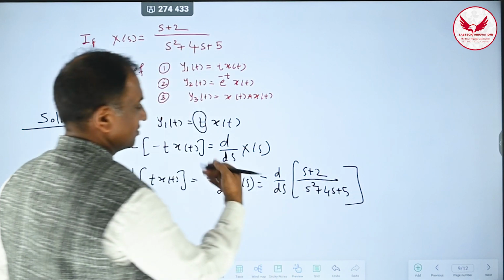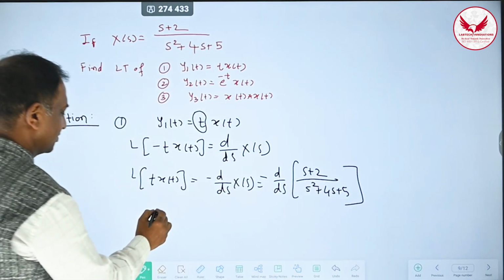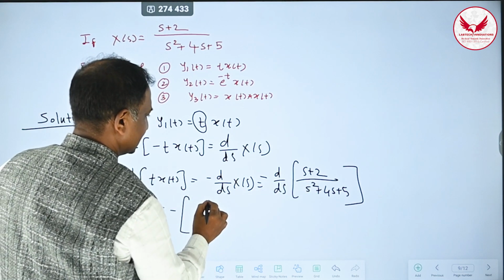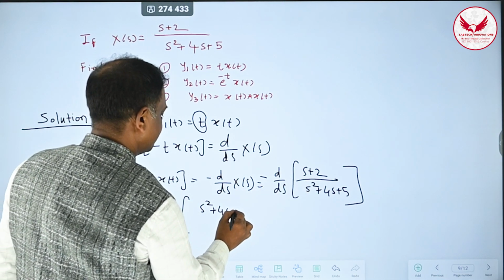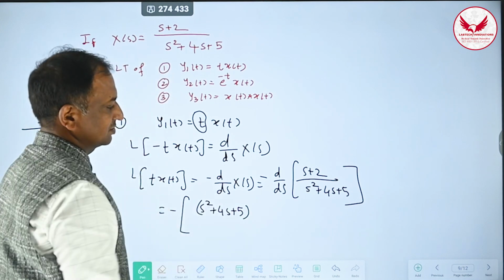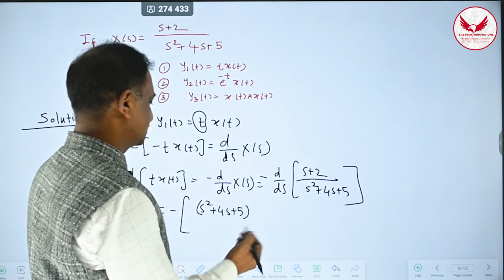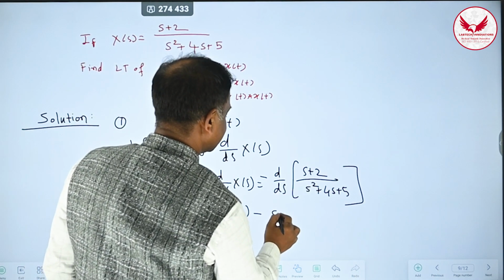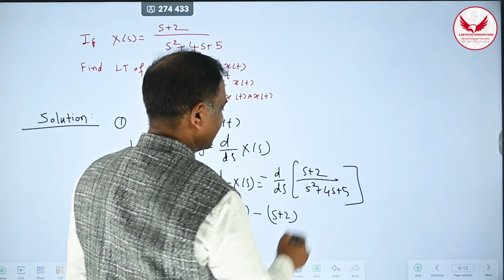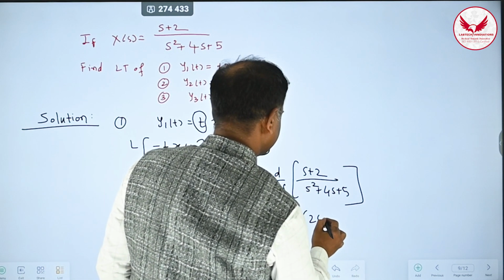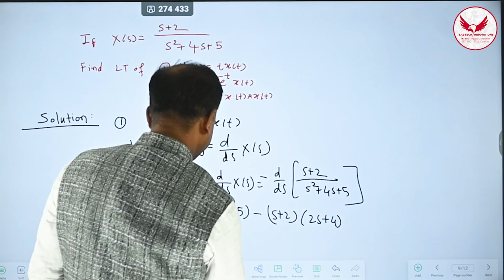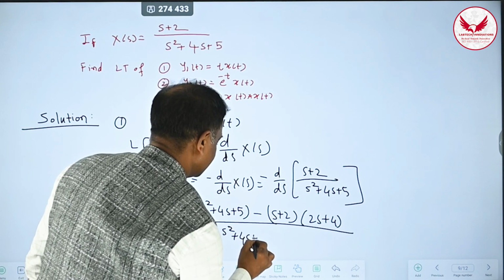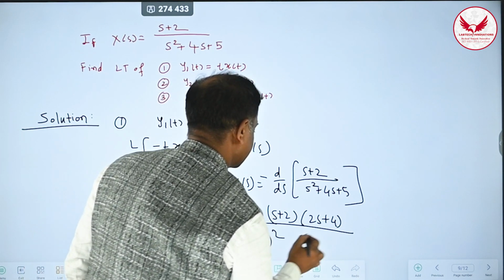So now differentiation of u by v. So this is equal to minus, the denominator will be as it is, s square plus 4s plus 5 into the differentiation of the numerator, s plus 2, that is 1, minus the numerator as it is, then the differentiation of the denominator, that is 2s plus 4, divided by denominator square, that is s square plus 4s plus 5 whole square.